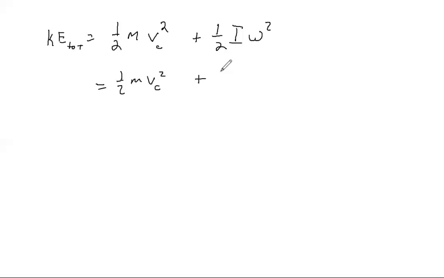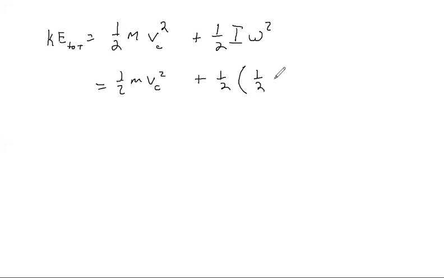Total. That's 1/2 the mass times the velocity squared. That's the velocity of the center squared. Plus 1/2 I omega squared. So let's just start. What we know, I equals 1/2 m r squared. So I can rewrite this. I itself has an extra factor of 1/2.